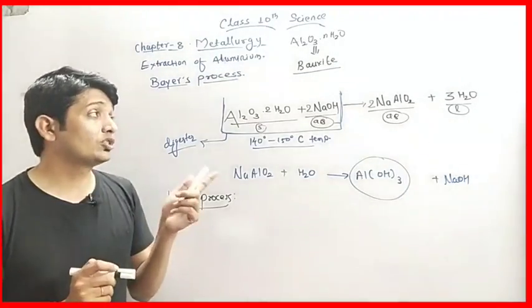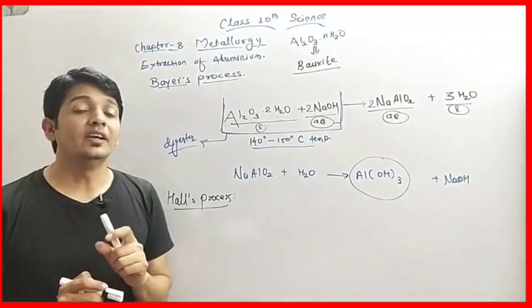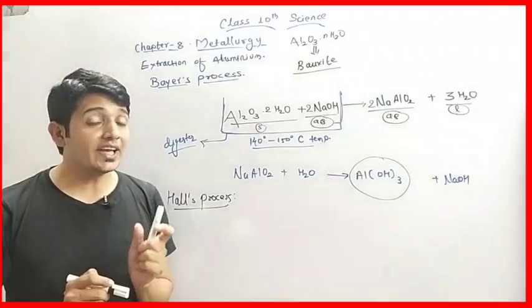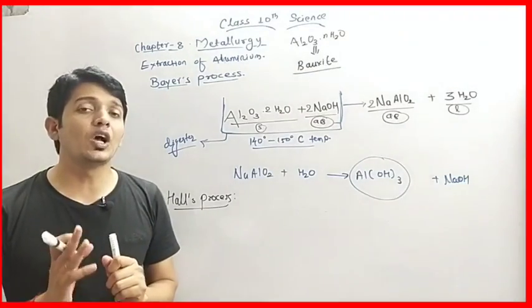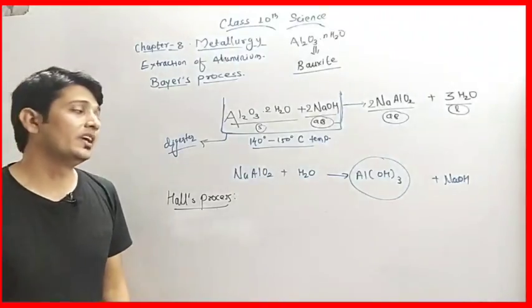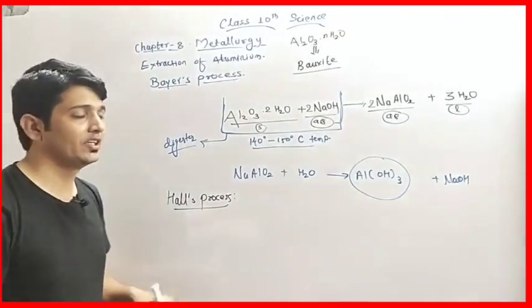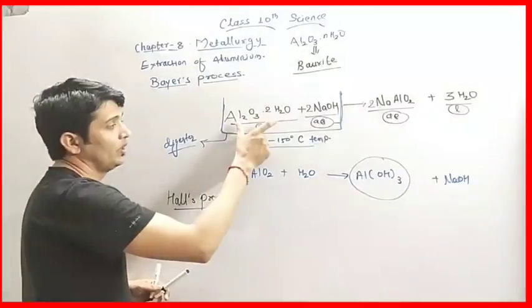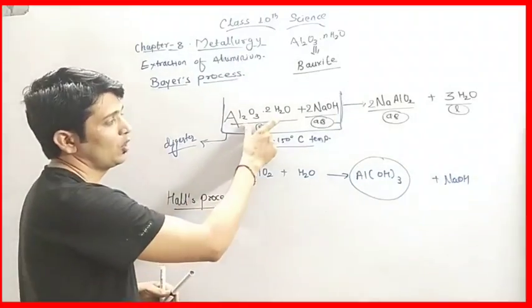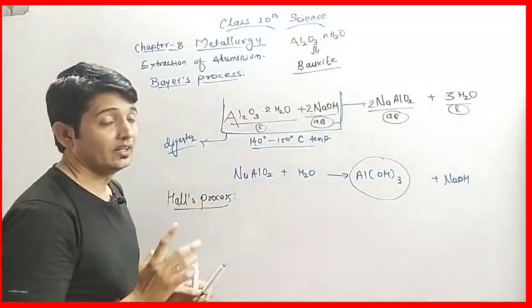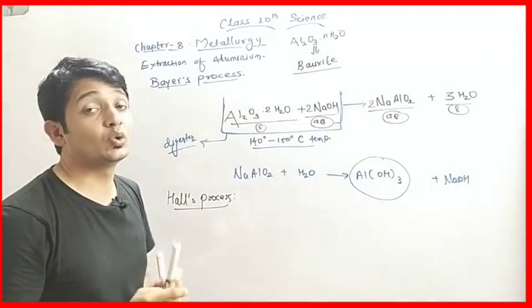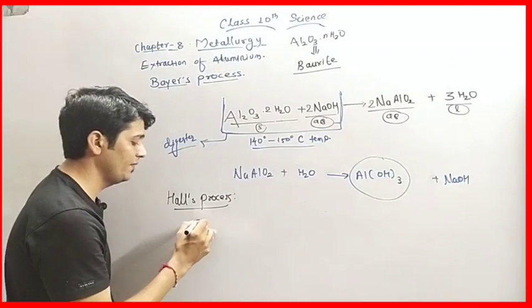When the bauxite ore contains silicon oxide, that is SiO2, which we call silica also, as a main impurity, then we will use Hall's process. So in Hall's process, bauxite is dissolved not in sodium hydroxide but in sodium carbonate solution.